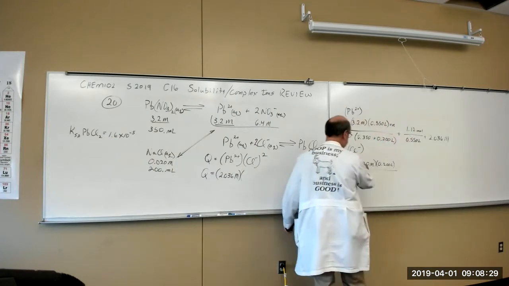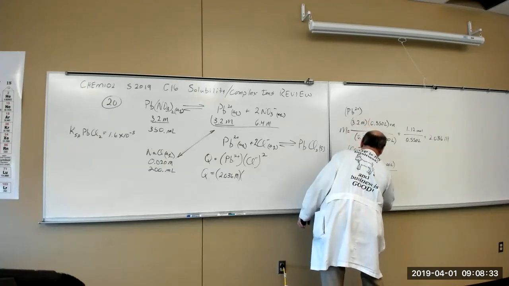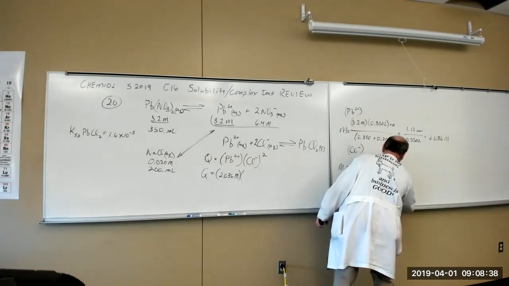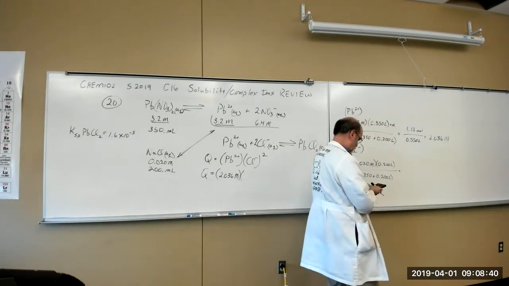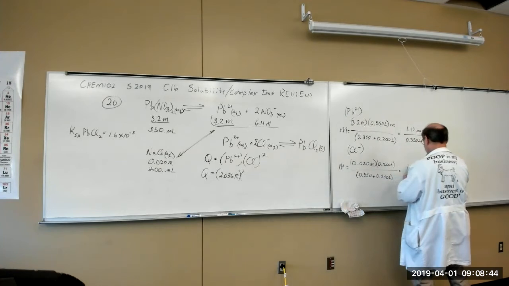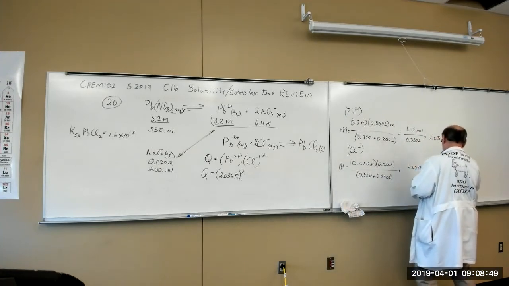There's your moles, and then it's in the same volume. So here we have 4.00 times 10 to the minus 3 moles.